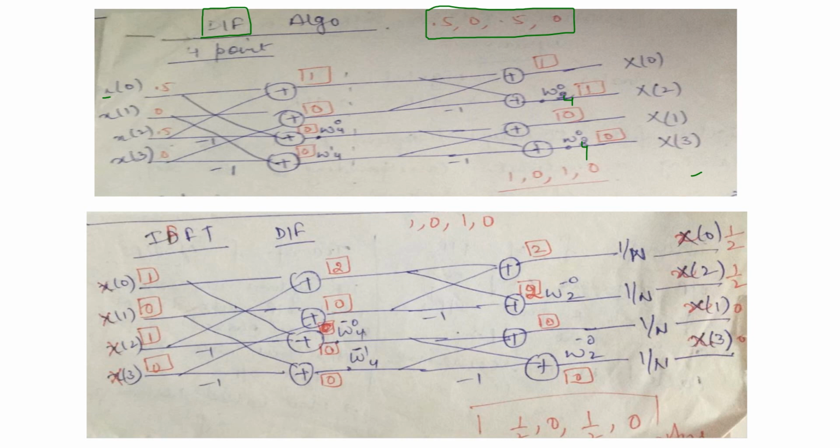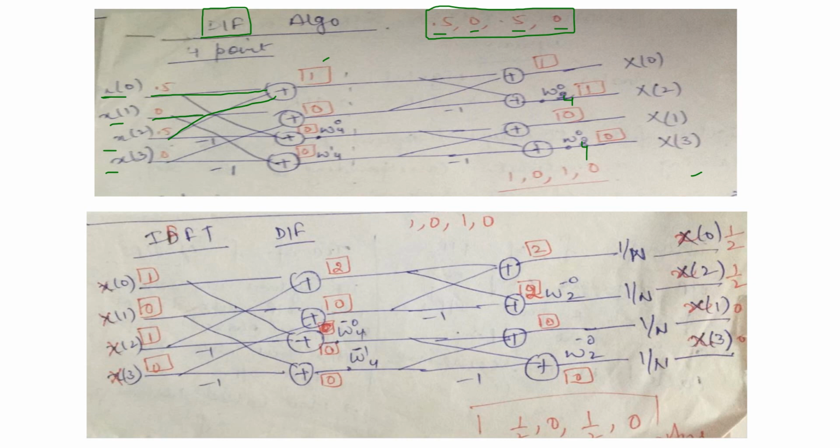Small x, first input is x of 0, so you have to put 0.5, x of 1 write 0, x of 2 write 0.5, x of 3 write 0. Then this point will be added with this point, meaning 0.5 plus 0.5 is 1.